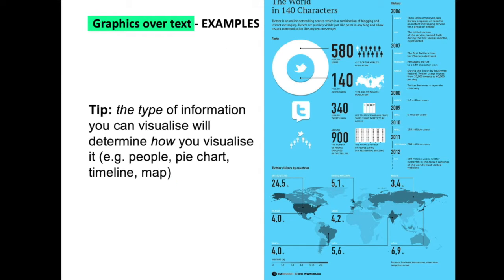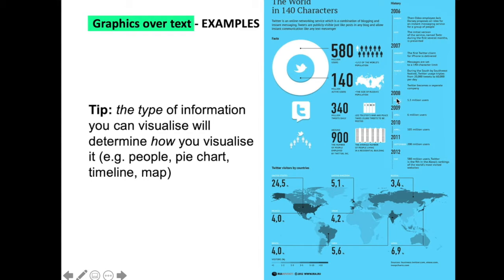Another example is to think about what type of information you are trying to convey. How can different types of information be visualized? In this poster, we have different examples. Here on the top right, we have a timeline. So this poster is about Twitter.